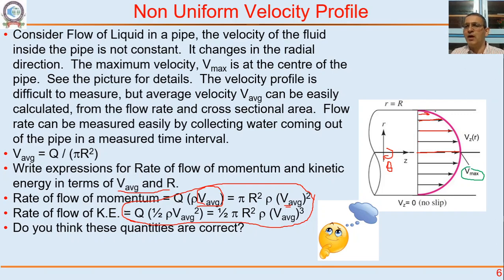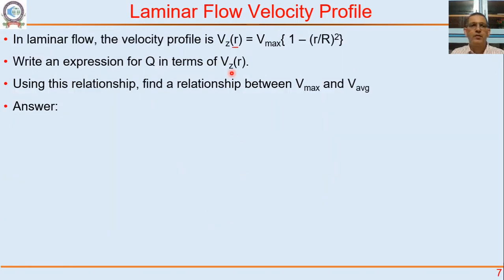Obviously V average is not the same as Vmax. Is it half of Vmax? Is it 10% of Vmax? Is it 0.8 times Vmax? What is the value? That's what I want you to write. Do this for yourself, then only go forward.